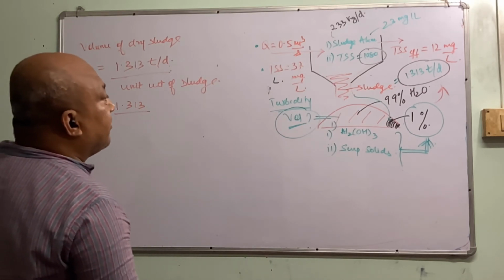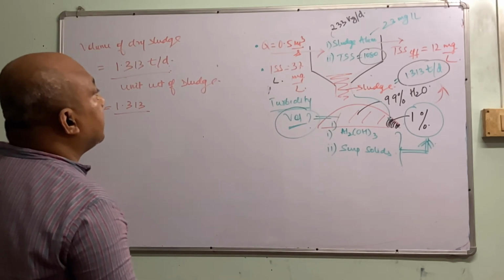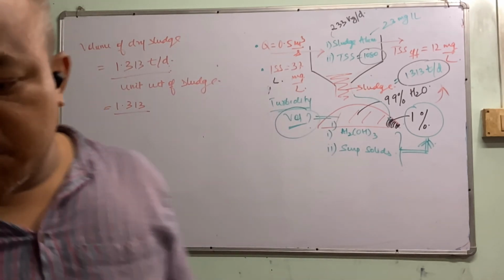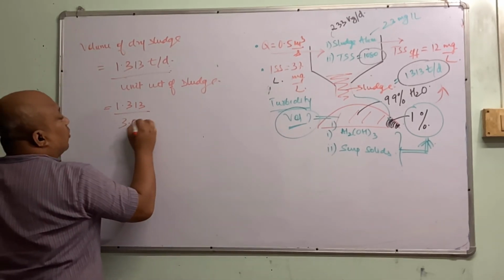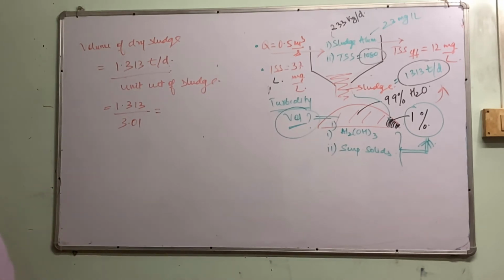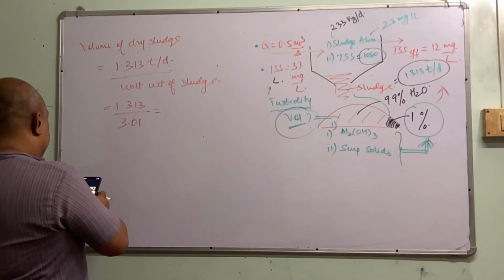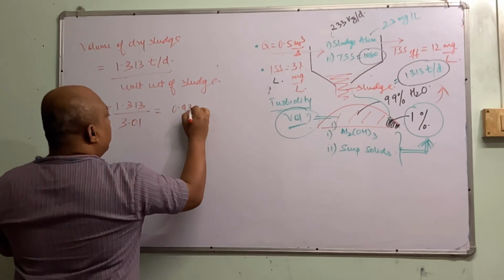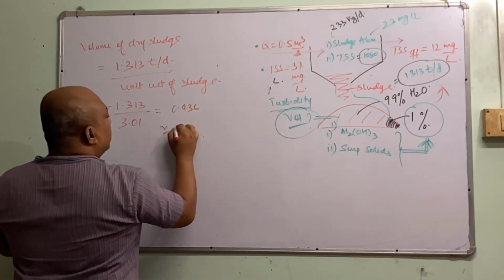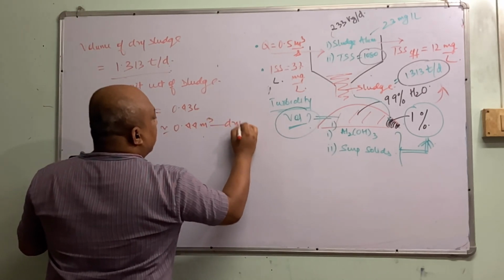What is the specific gravity I've written over here? I have to see the question again. Oh, I don't have the specific gravity. That is 3.01. So 1.313 divided by 3.01 is coming to 0.436, roughly equal to 0.44 meter cube of dry sludge.